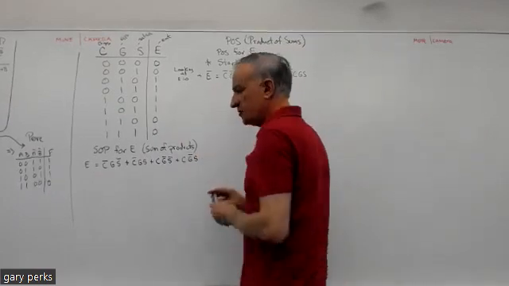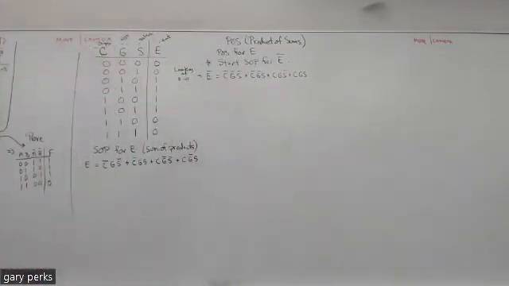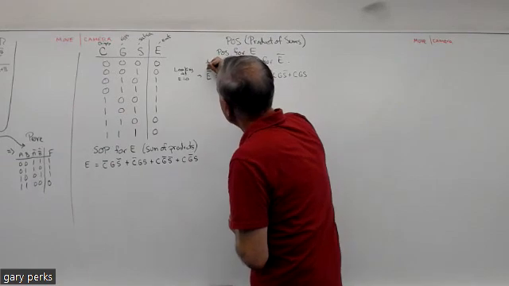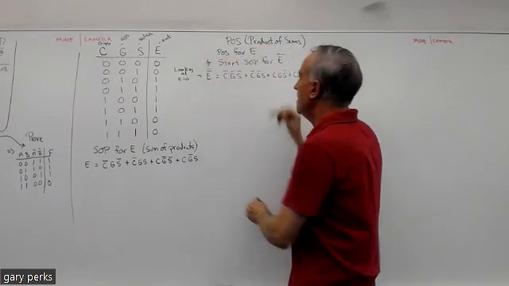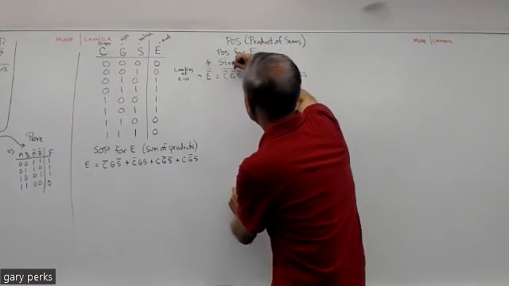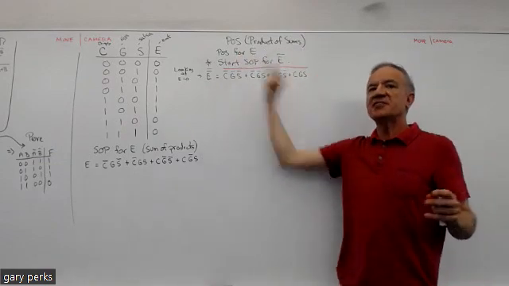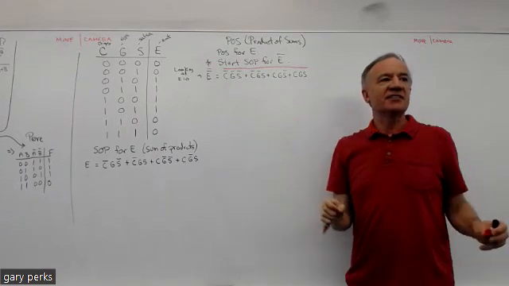So I'm going to not this side, and I'm going to not the other side, the whole thing, right? Because if I not both sides of the equation, I haven't changed anything.